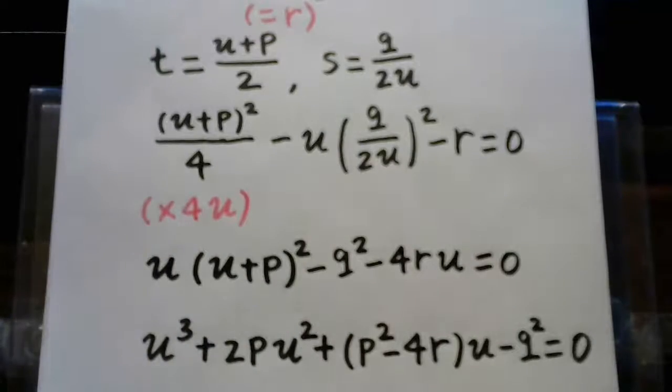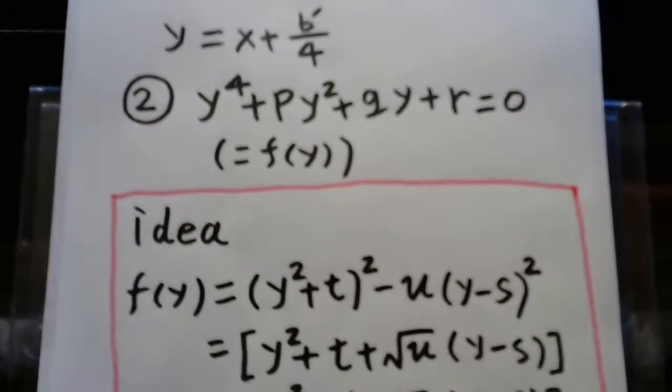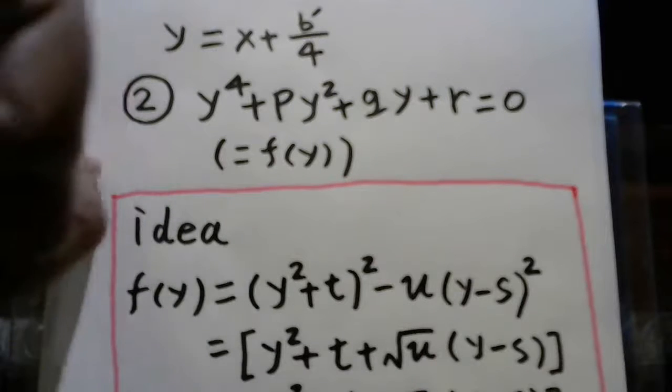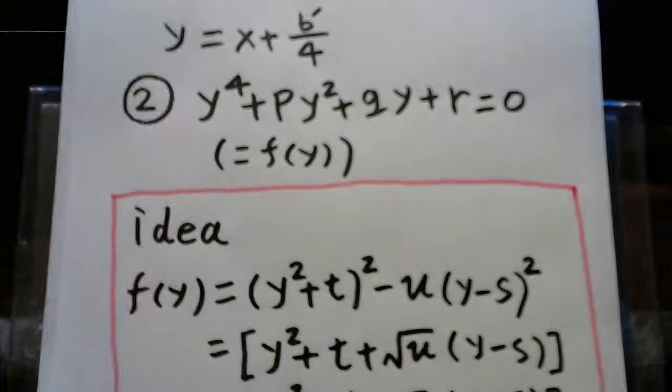And how about Descartes' method? We go in some way to this: y to the fourth plus p y squared plus qy plus r is equal to 0.